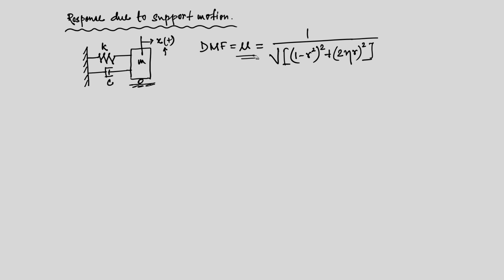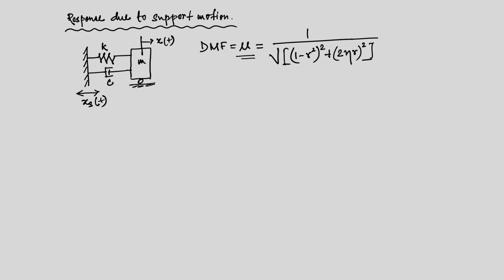Today we are going to slightly modify the problem statement. Instead of applying force at this mass, we have this support, and it is moving, x s of t. There are different examples of this type of problem.